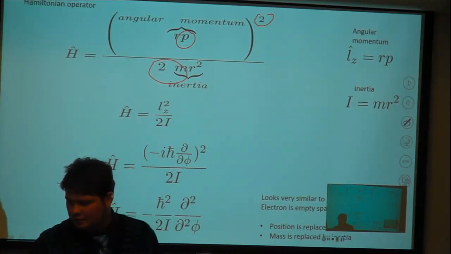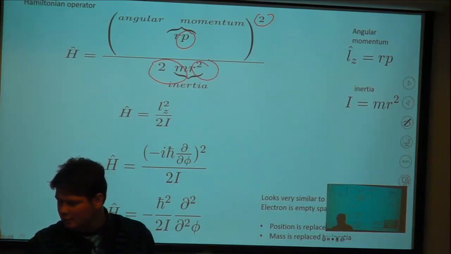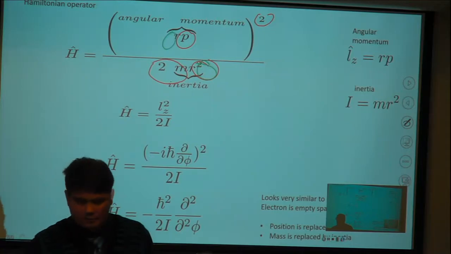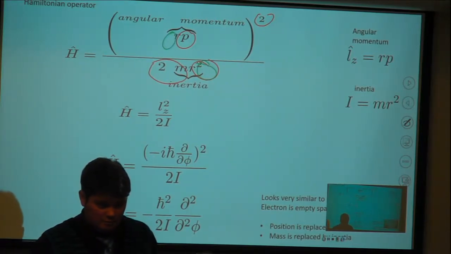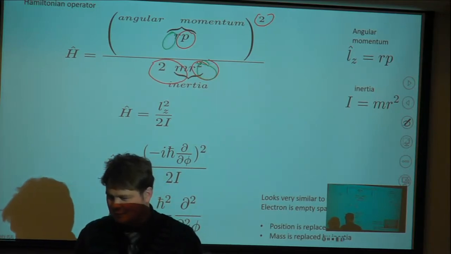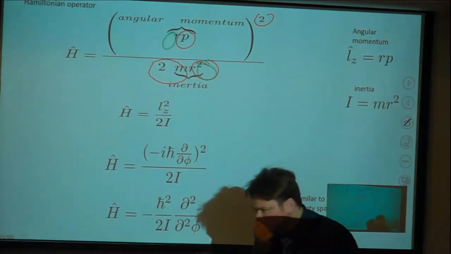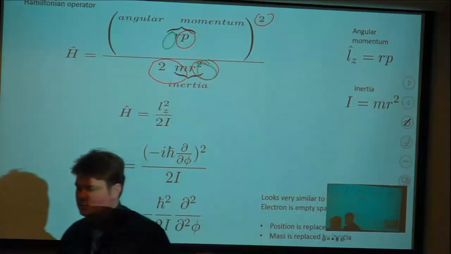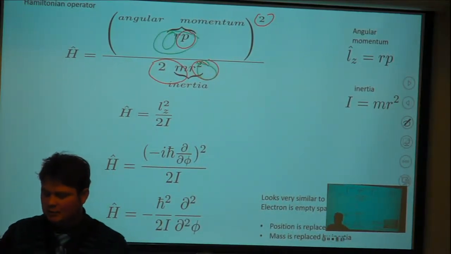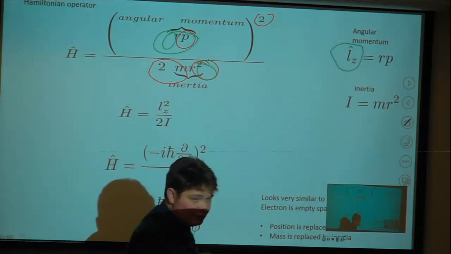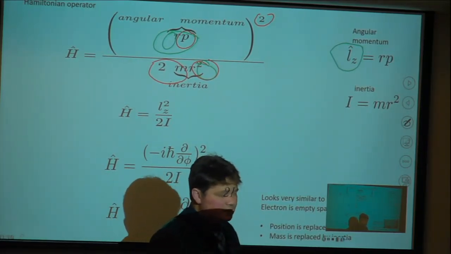So we add r squared to numerator and denominator. Okay? No cheating, no lying, just multiplying by the same thing. And then we can rename stuff. We can rename this product r times p as Lz, projection of angular momentum that we did on previous slide.